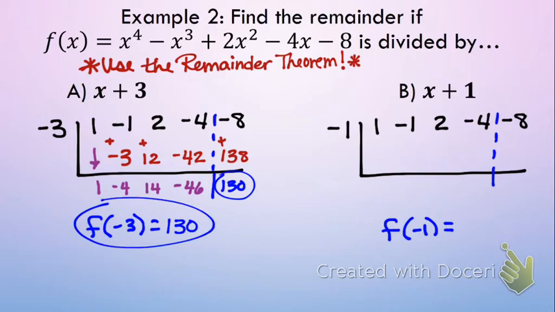What about the second one? 0. This one is equal to 0. Does anybody know what that means about x plus 1? It's a factor. Absolutely correct. X plus 1 is a factor.